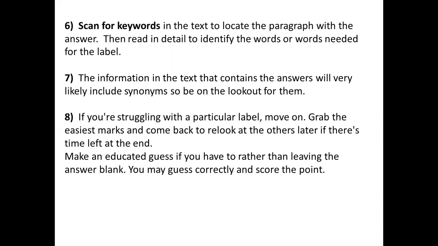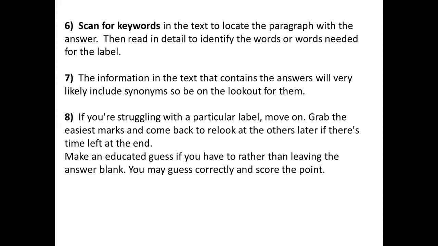And after that, when you have time, you can return to this question and try to find an answer. If you still cannot do it, just try to guess. Try to guess what should be here. It's so-called educated guess.